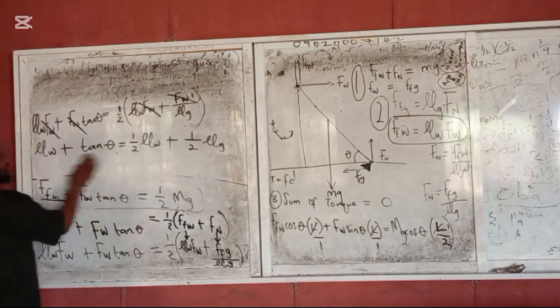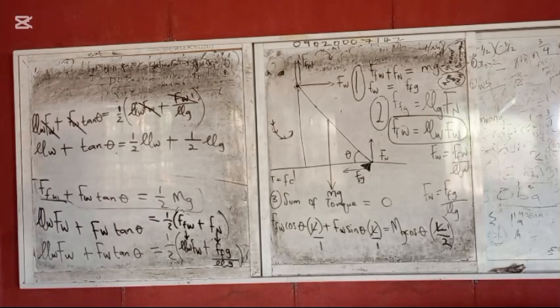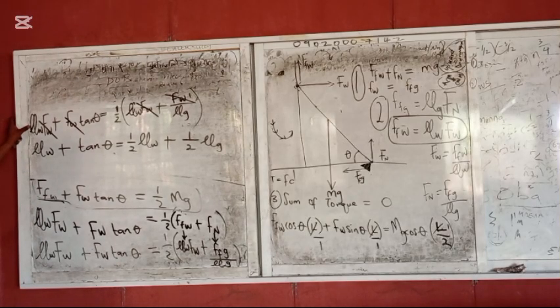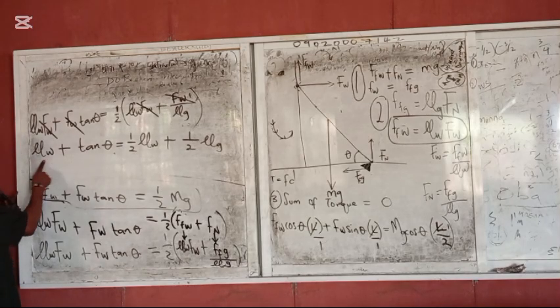Alright. So please now let's check. If I want to make tan theta the subject of the formula here, what do I do? So I have this and this, they are the same thing.